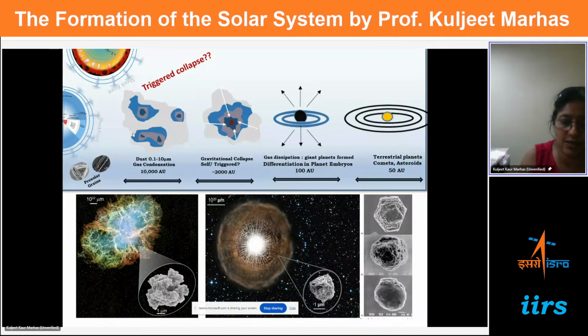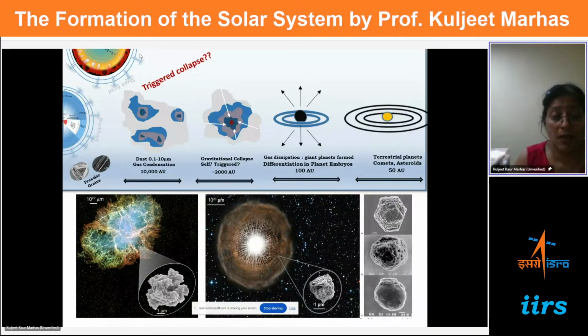When there is a death of a star, they throw the material outside. Any space between two stars is called the interstellar medium. This interstellar medium is a very vacant kind of system, where the material that has been thrown away by a dead star comes into the interstellar medium, and this interstellar medium becomes a part of the molecular cloud. So the composition of our molecular cloud depends on the stars surrounding it.